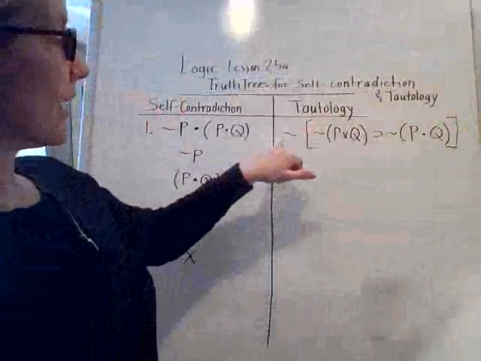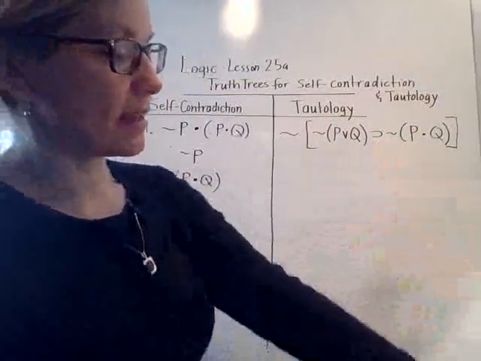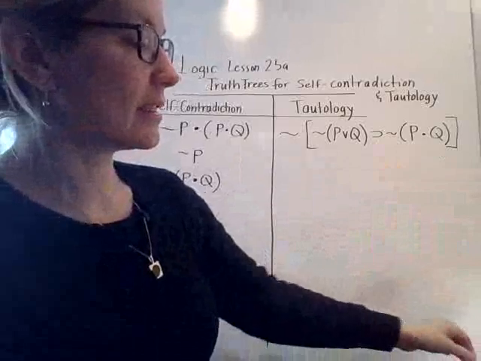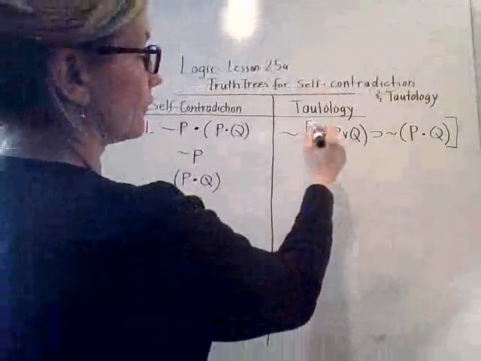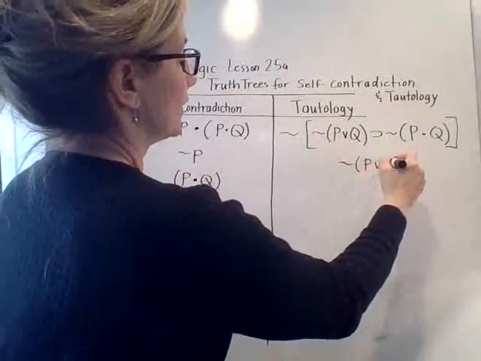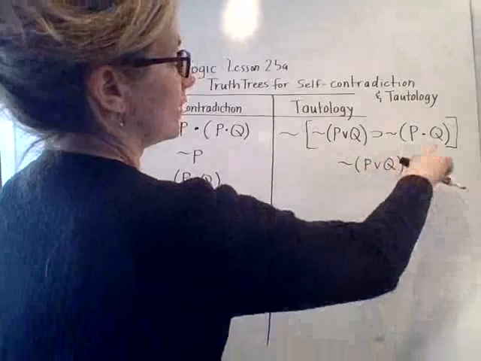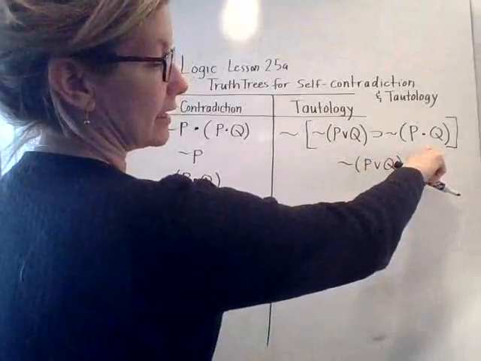All right, so here you see we have a negated conditional. And the way that you decompose a negated conditional is, well, you have the first term just like it is, so not P or Q. And then the second term is going to be negated.